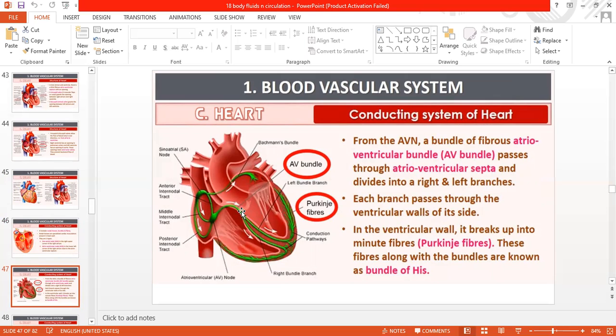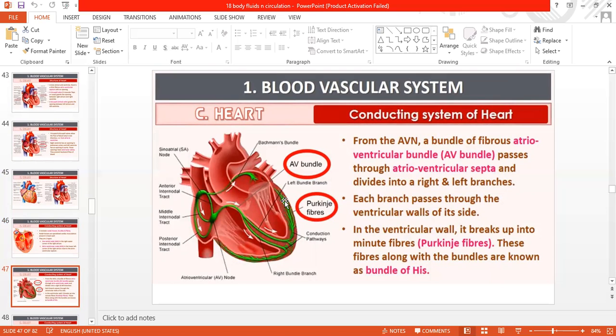Once it passes through the atrioventricular septa, you can see it is divided into two branches, the right branch and the left branch. Each branch passes through the ventricular wall of its side. The left branch goes into the left ventricular wall and the right branch goes into the right ventricular wall.